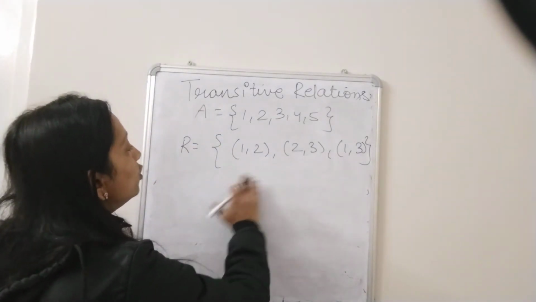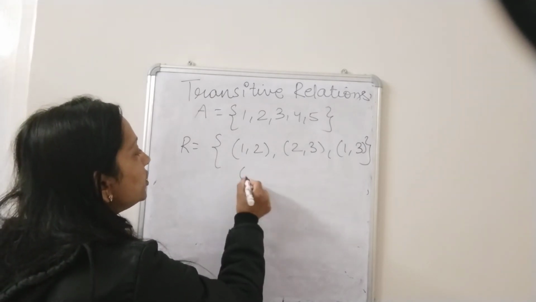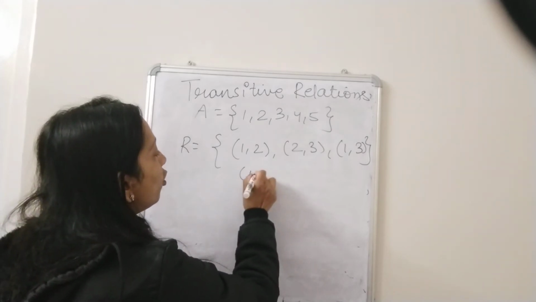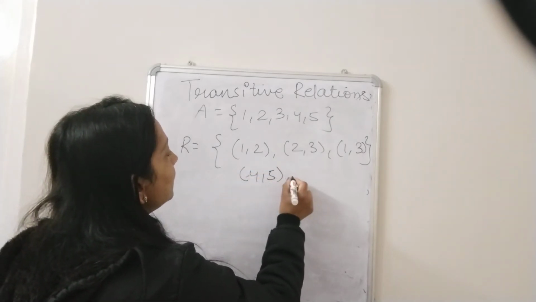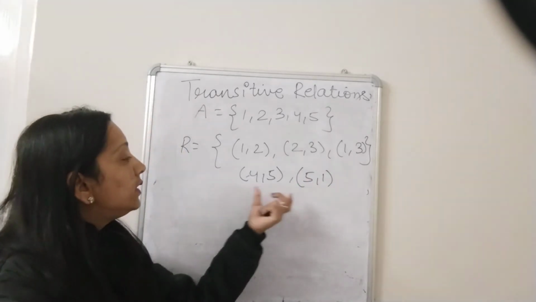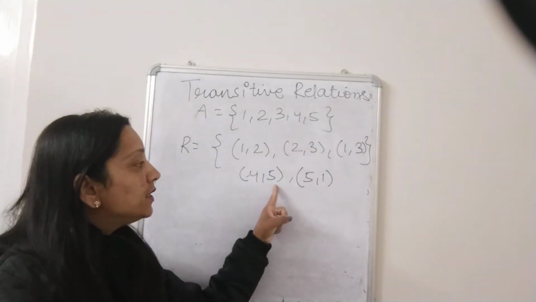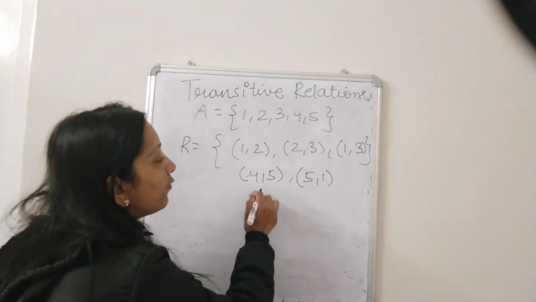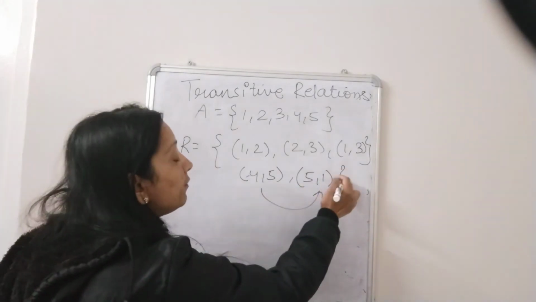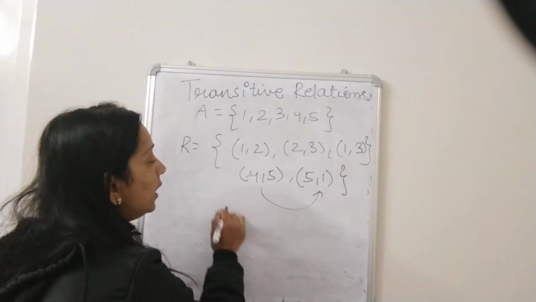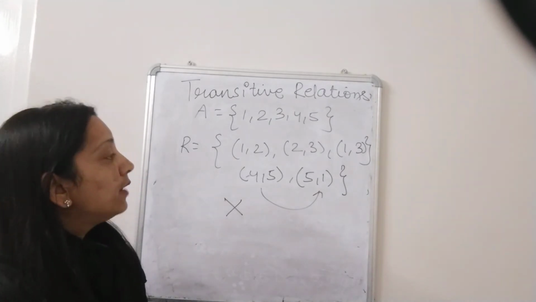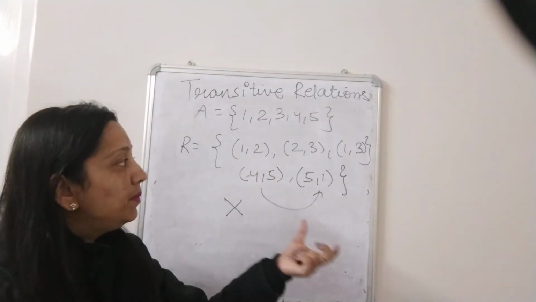Okay, now if I assume that there is one more relationship set 2, 4, 5 and then there is a relationship set 5, 1. As per the transitive property, if 4, 5 is here and 5, 1 is here, then 4, 1 must also be here, 5 being the common element. But if this pairing does not exist here, then this is not a transitive relation, because what did I say? That for every ordered pair AB and BC.